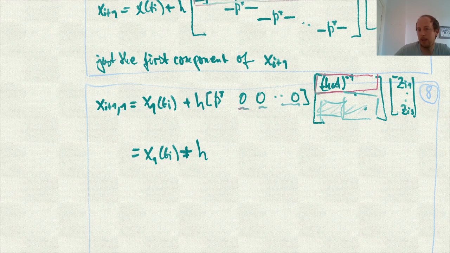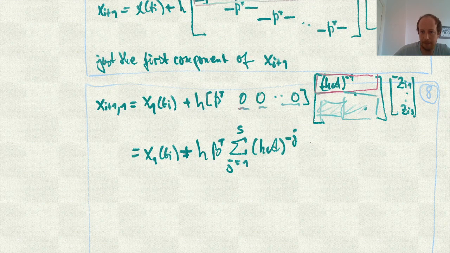Okay, then one can take the first row here. I just write down, so this will be beta transposed, and what's left here is this times this, so this is this product, the sum over j equals 1 up to s of h alpha to the -j, Z_{ij}.